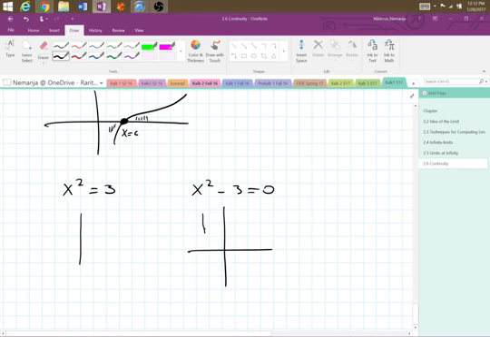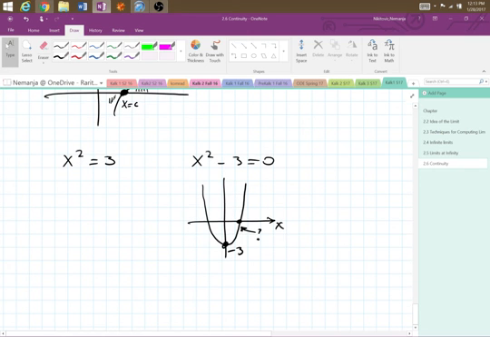X squared minus 3 means it's going to dip below to negative 3 right there. You are looking for this number. You know the other one's going to be symmetric. So you want to know what number is right here. So you make an initial guess that the value you are looking for is between 1 and 2.